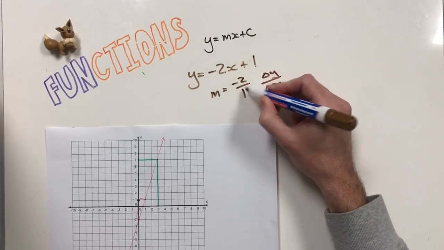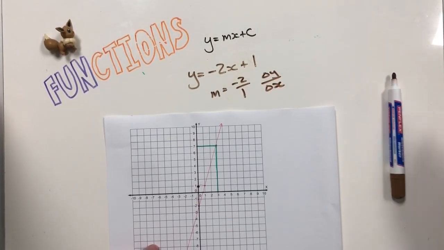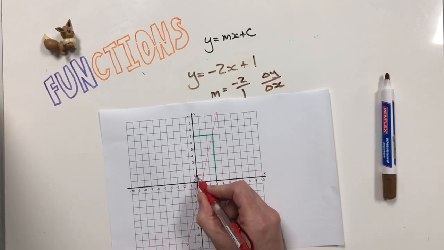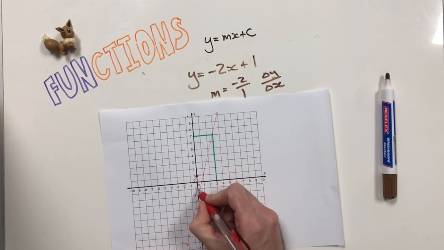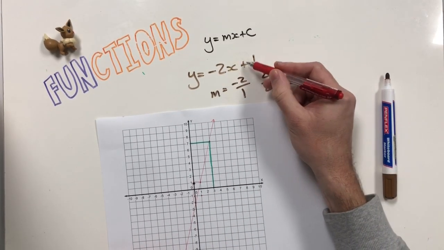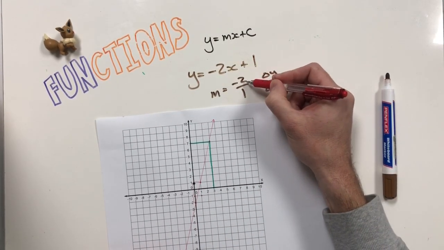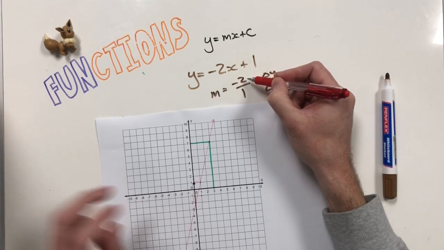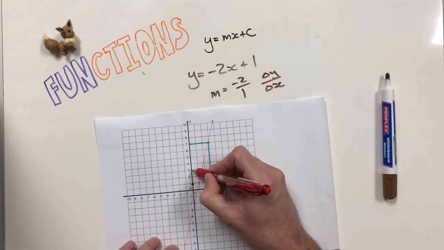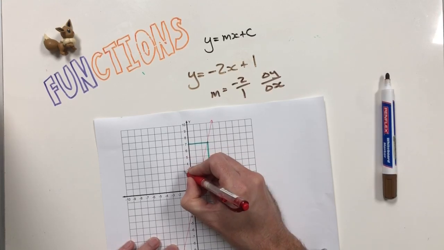It means I have to drop 2 and run 1. So if I started here and I dropped 2, 1, 2, and I ran 1, that's over there. Or I can do the opposite: rise 2 and run -1. So I go 1, 2 up, but then 1 back.